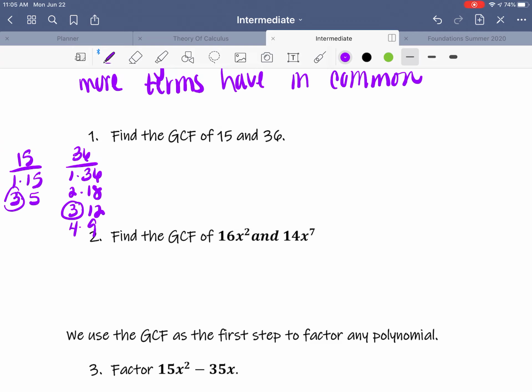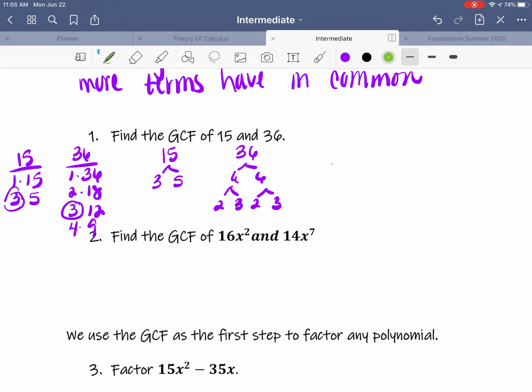But for the sake of this lesson, I'm going to use their prime factorization. And if you remember prime factorization from some previous classes, you break it up into its prime factors. So you stop when you reach prime numbers.